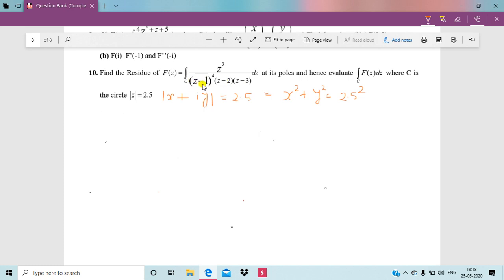So we will check whether the poles are inside or outside. First we make a circle whose center is 0, 0 and radius is equal to 2.5, which is mod z equal to 2.5. So let's make a rough sketch.